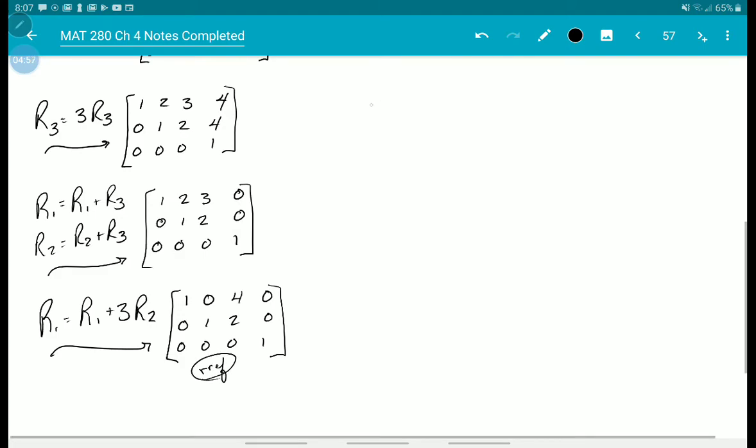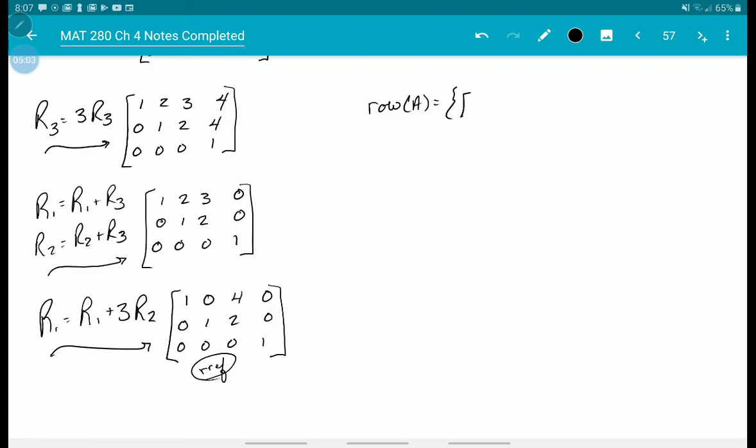So let's talk about row space. I have a leading one in each row, so I have to have three rows in the row space. Let's talk column space. My leading ones are in the first, second, and fourth columns.